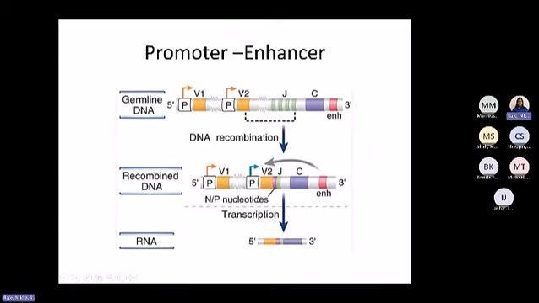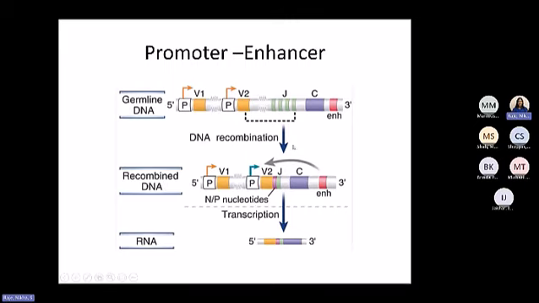This is just showing the promoter and enhancer region. So say there is a V and J combination that occurs, and there is recombined DNA. When that happens, there is a promoter region and enhancer region that are going to come close to each other just because of the process of recombination, because the intervening segments are going to go away.